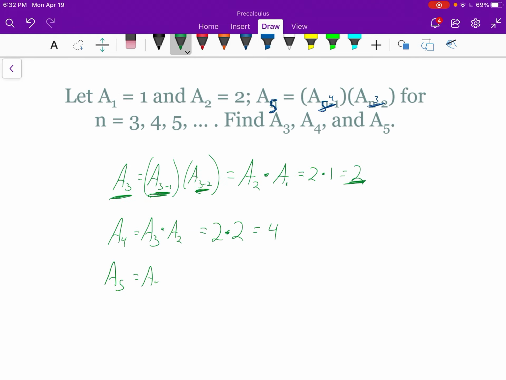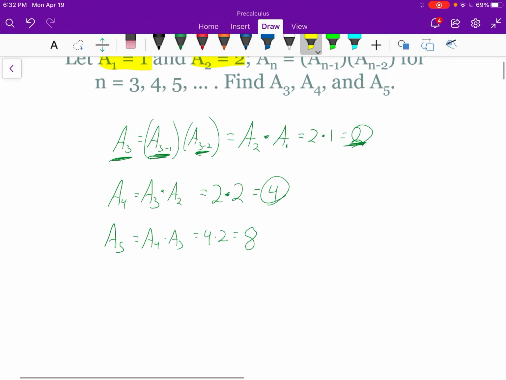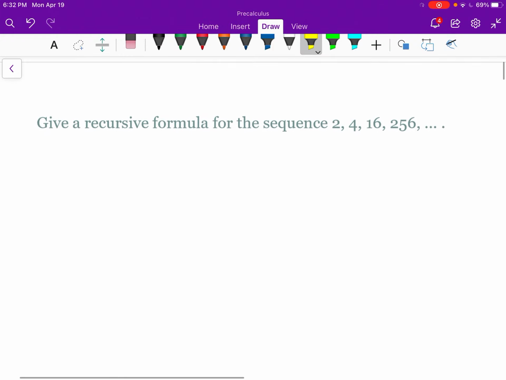So the fifth term is the fourth term times the third term. The fourth term was 4. The third term was 2. So our fifth term was 8. So there we go. In that case, we had a recursive formula. And in this case, we had to define two things. They gave us two things, the first two terms.